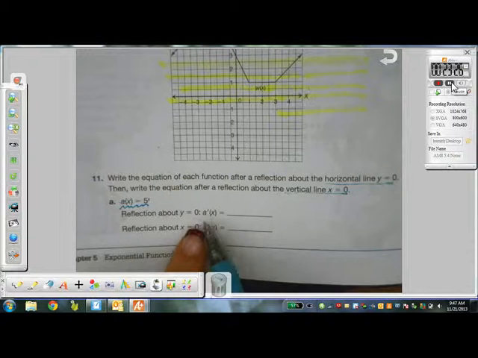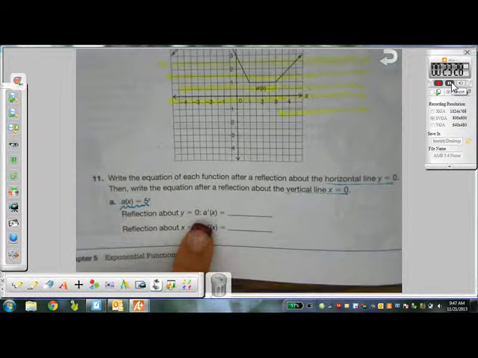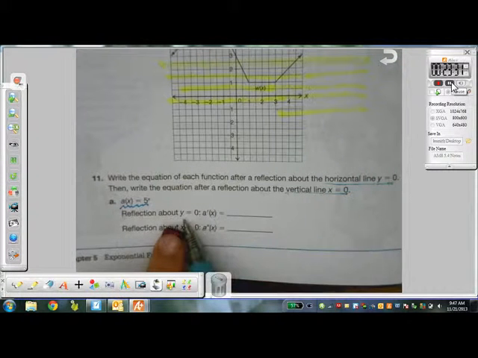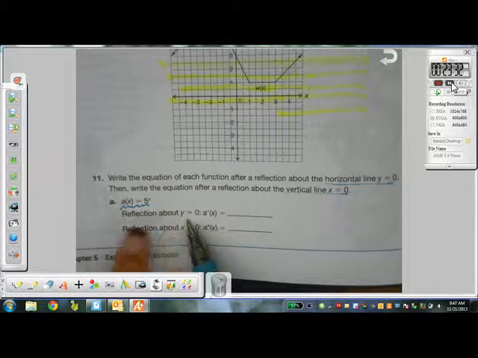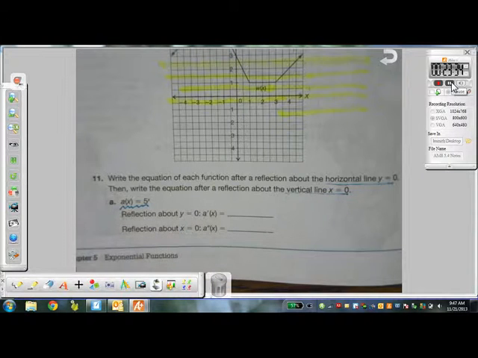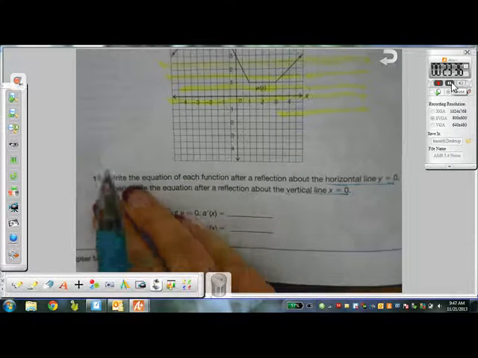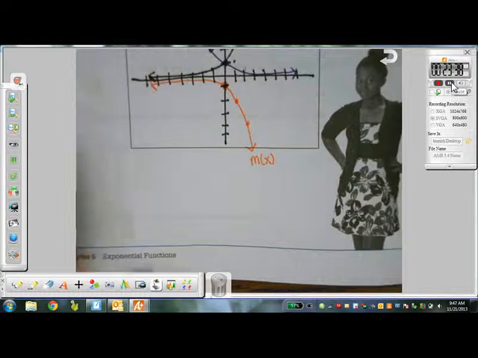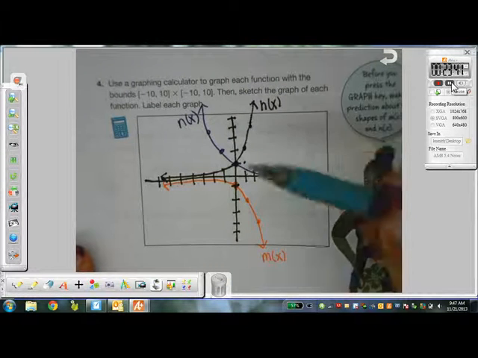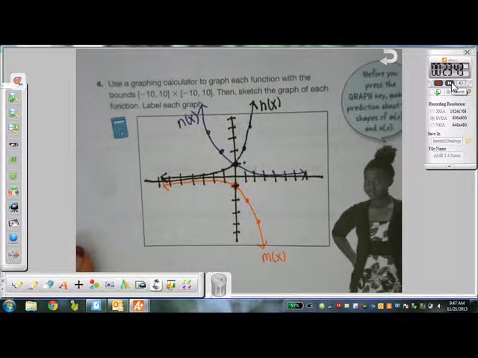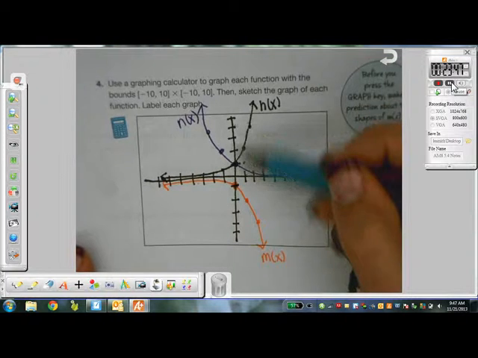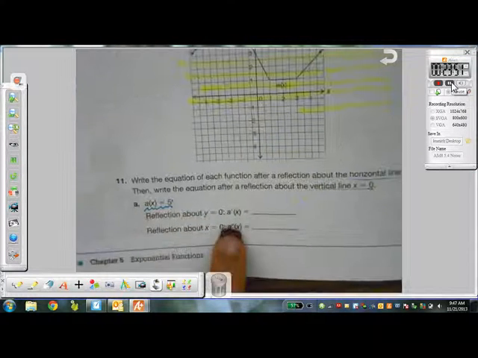So it just means that you took your original a function and we changed it a little bit. So if I am reflecting about the y-axis, is that horizontal or is that vertical? Let's look at it. Remember our axes. Is the y-axis horizontal or vertical? It's vertical, right? So about the line y equals 0, that's not the y-axis.